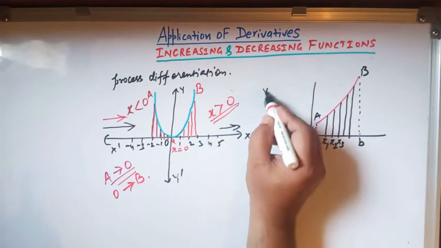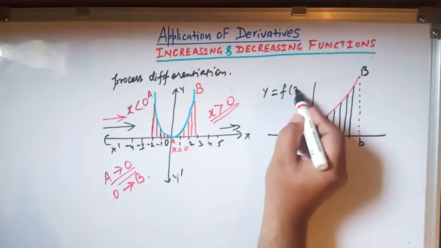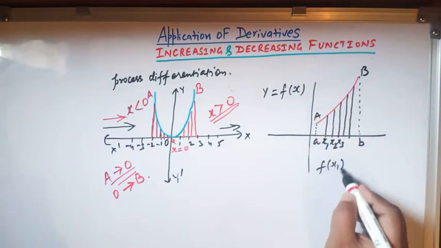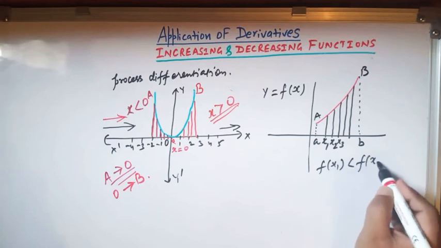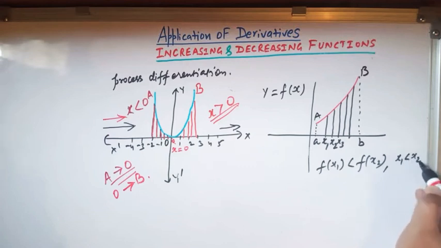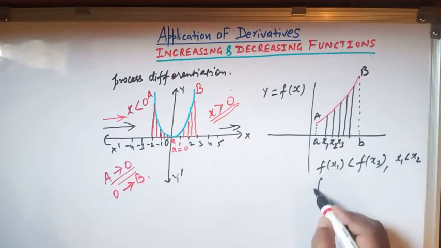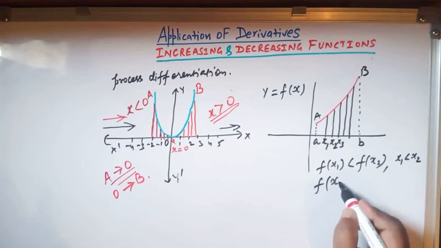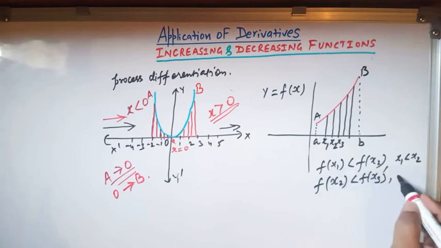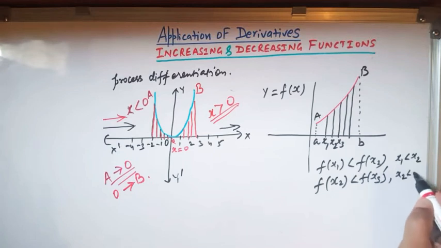If this is the function y equal to f(x), then f(x1) is less than f(x2) for x1 less than x2. Similarly, f(x2) is less than f(x3) for x2 less than x3.